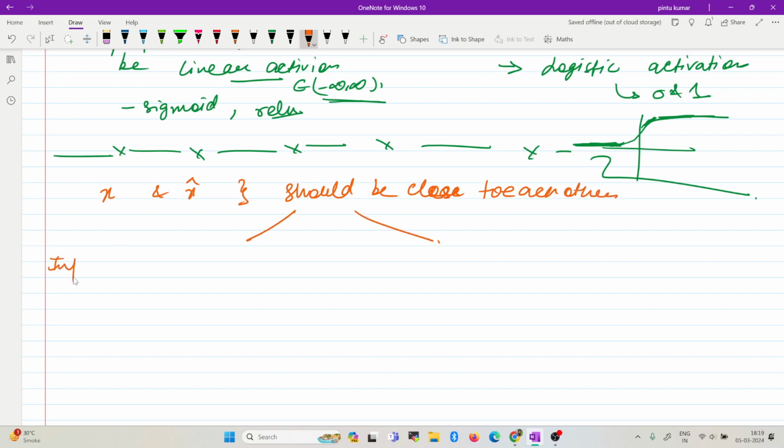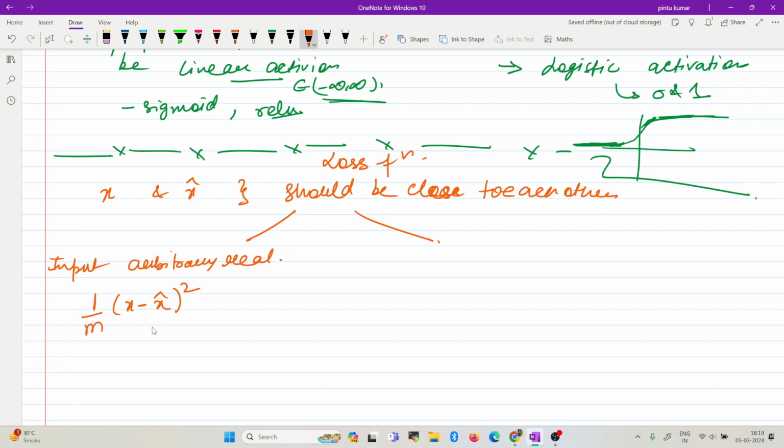Again, we can divide this based on the type of input that we have. If the input again is some arbitrary real, then what is the best choice that we have? The best is you look at the difference. Linear is our activation function, and now we are talking about the loss function. So this is the squared error that we can have.